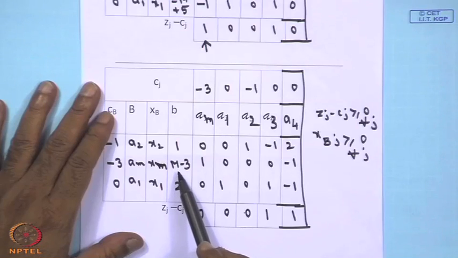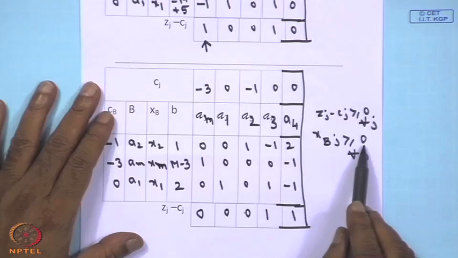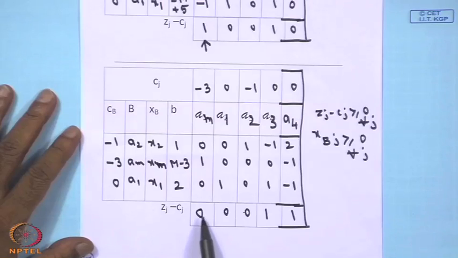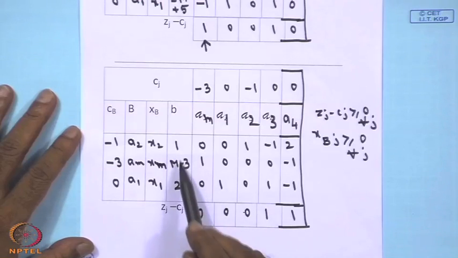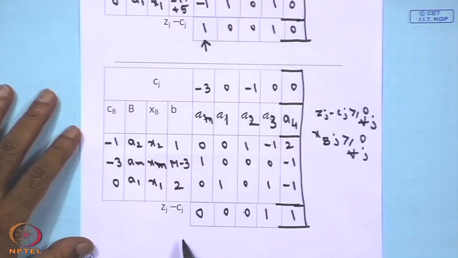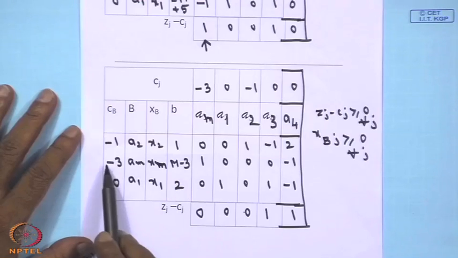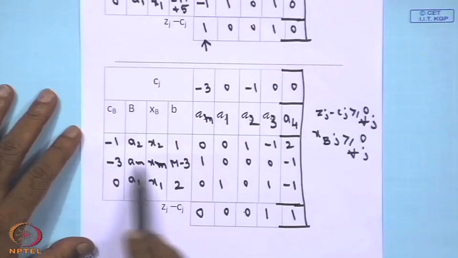Since m is sufficiently large, m minus 3 is also positive. Hence, it is satisfying both the optimality condition as well as the feasibility condition. So, you can stop here, and you can delete the row and column corresponding to the artificial variable.